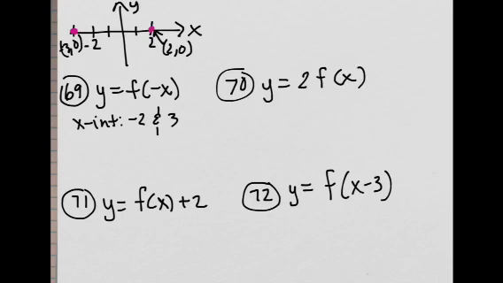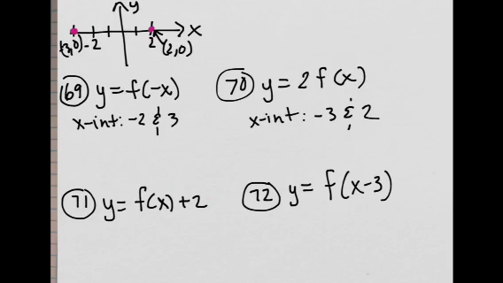So for number 70, the x-intercepts will stay the same. Even though the graph has a vertical stretch, the intercepts stay put. So -3 and +2.